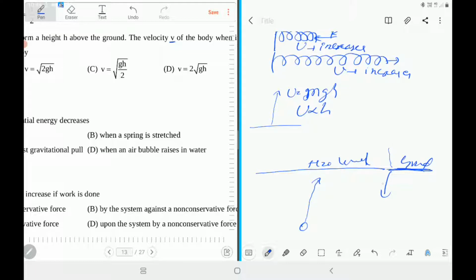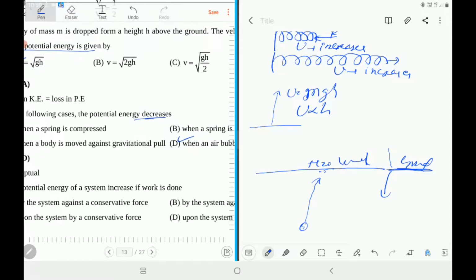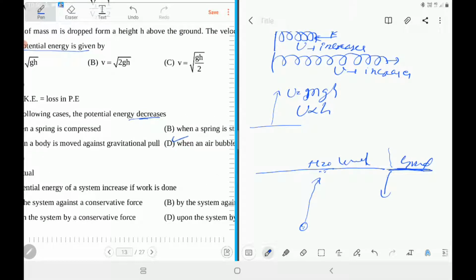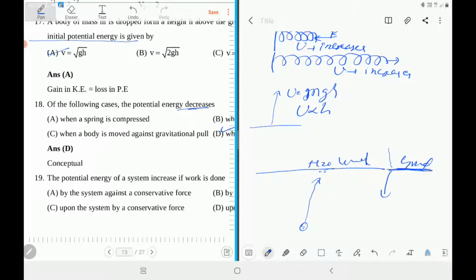That's why as it rises up, the potential energy is increasing from negative to 0. So the value increases, not decreases. So your option is D. It's a very simple idea. He says potential energy decreases at this level. That's the idea. We have to remember that conceptual idea. Option D for this question.